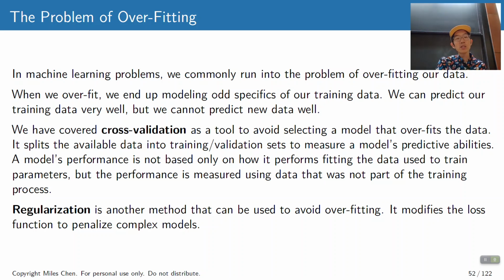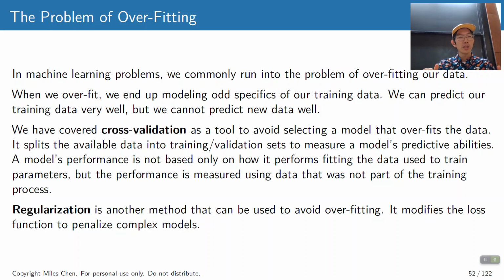In overfitting, you start to model and predict that random noise, so when you get new data with different random noise, the model doesn't perform as well. We covered cross-validation as one way to avoid overfitting.